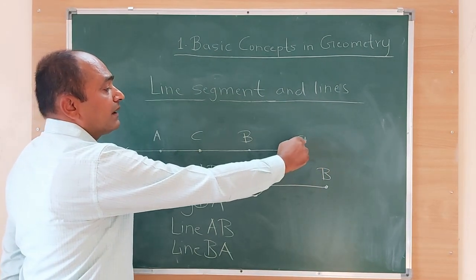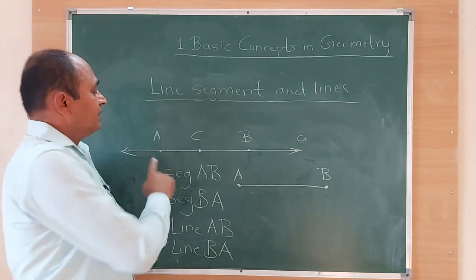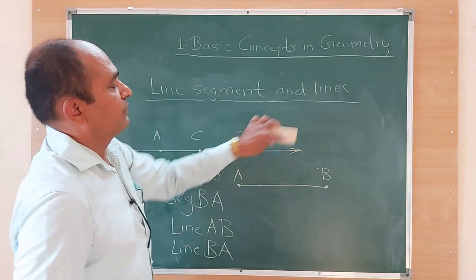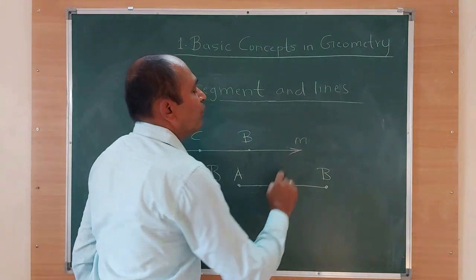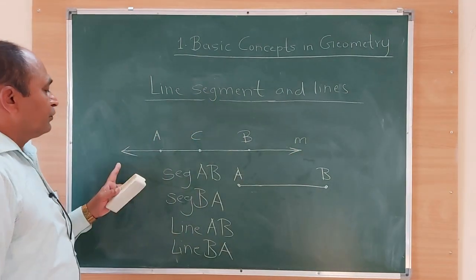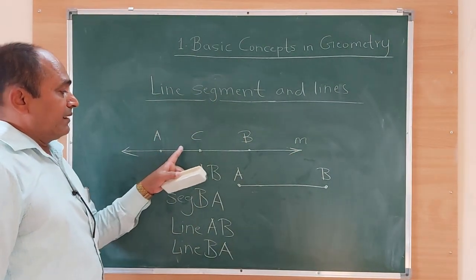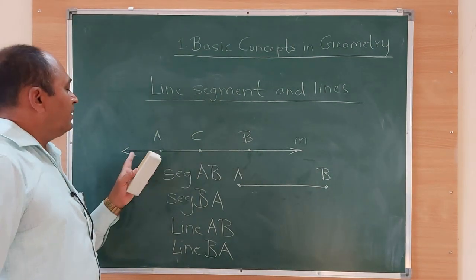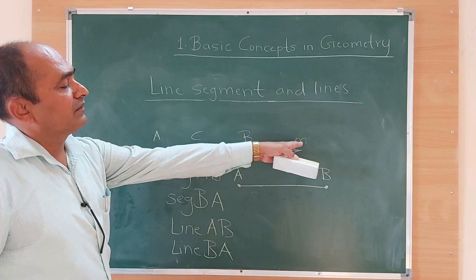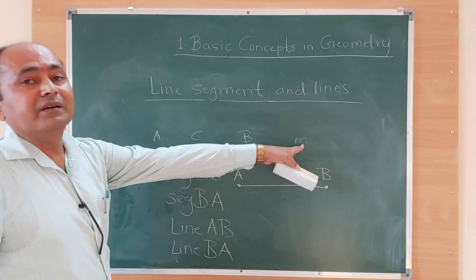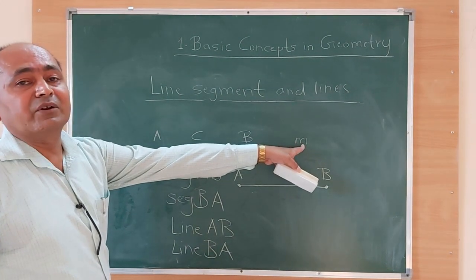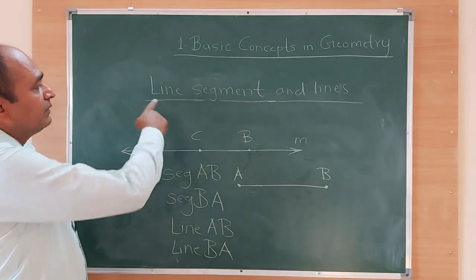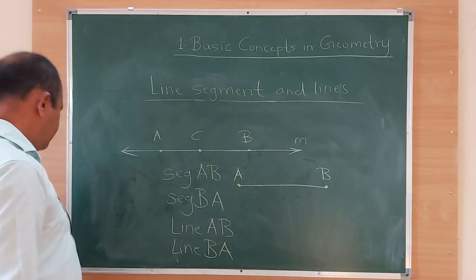Line l, m, whatever it is. Now this is a line, suppose for example, line m, small letter. So you can name a line by any 2 points which are there on the line, or you can give the line a single name denoted by a small letter from the alphabet. So this is about line, segment and lines.